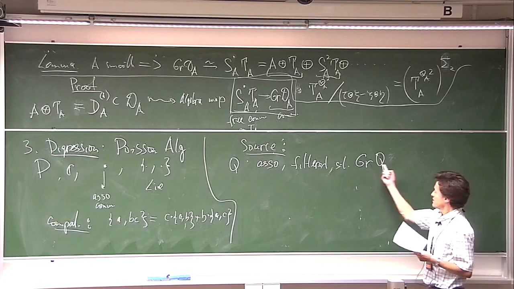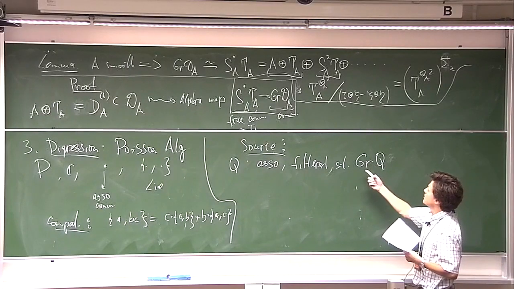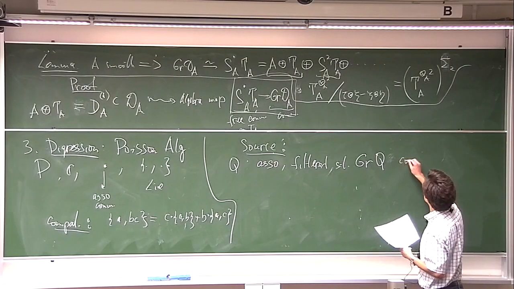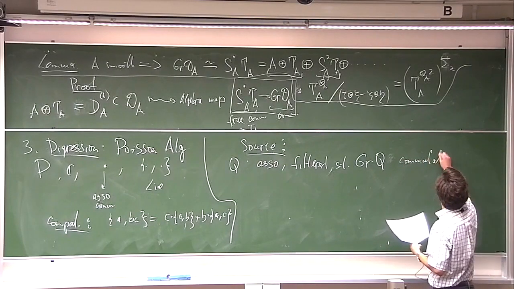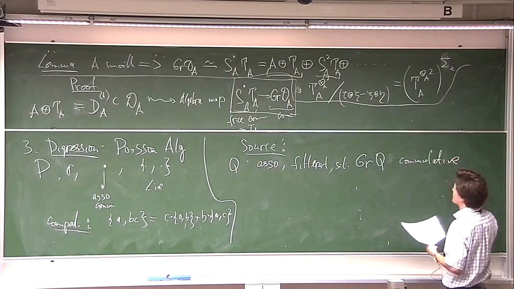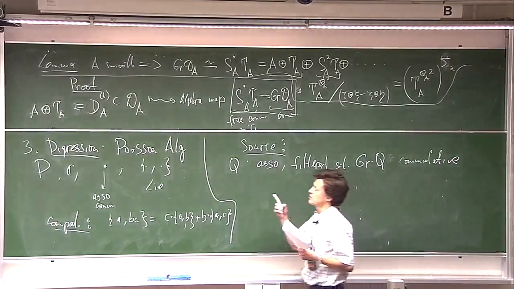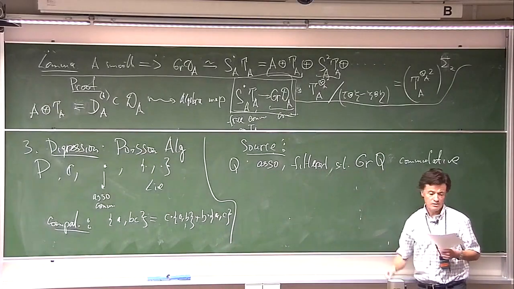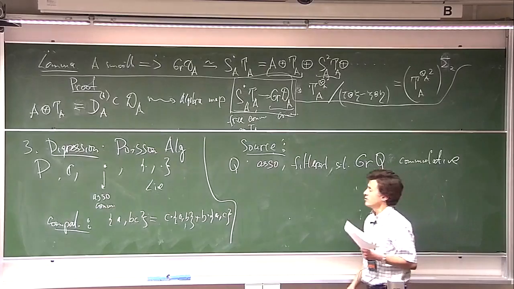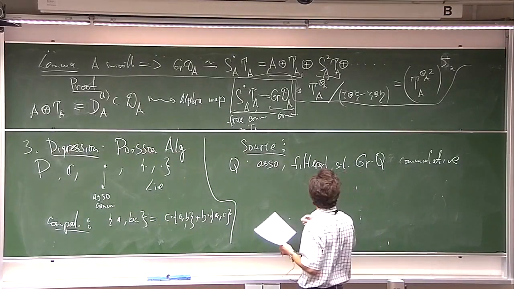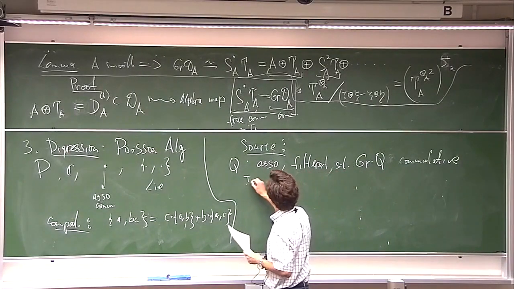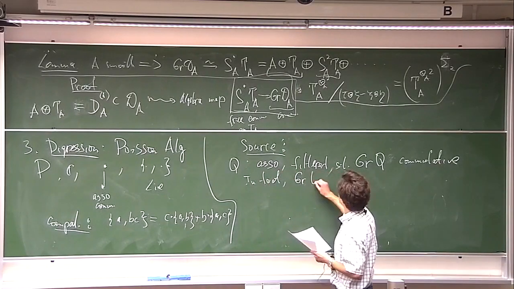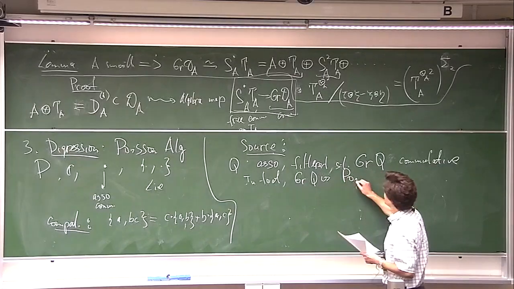So the assumption, it's always true, but the assumption is that the graded object is commutative. It's half of the structure of the Poisson algebra. The point is that in this case, another half comes for free. So in fact, the graded object is canonically Poisson.